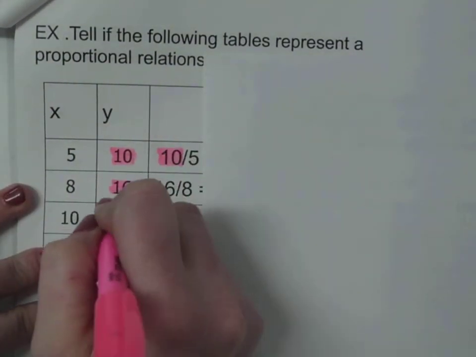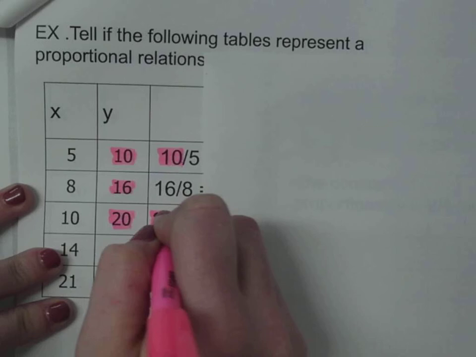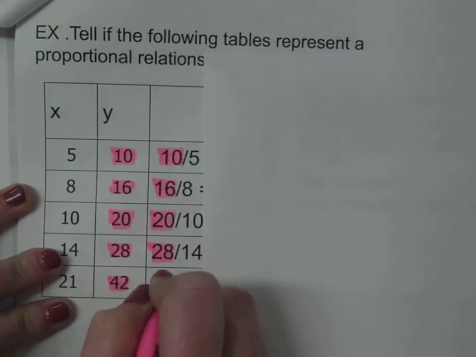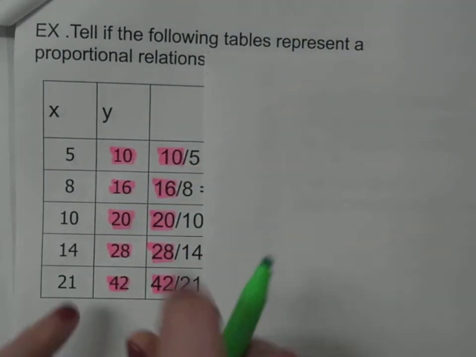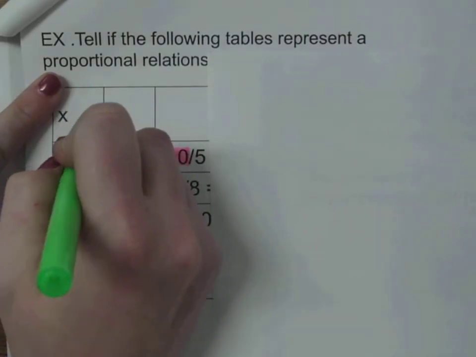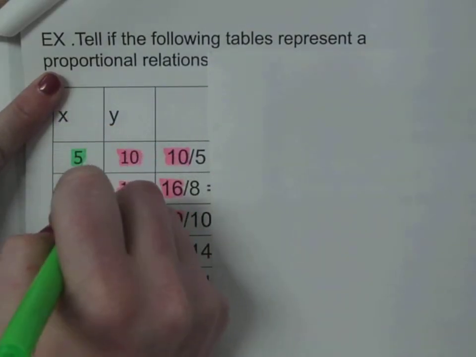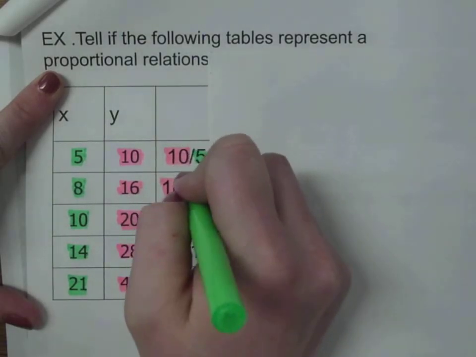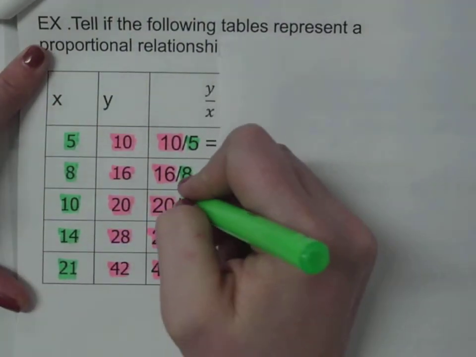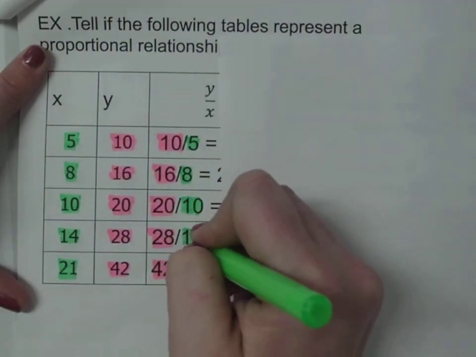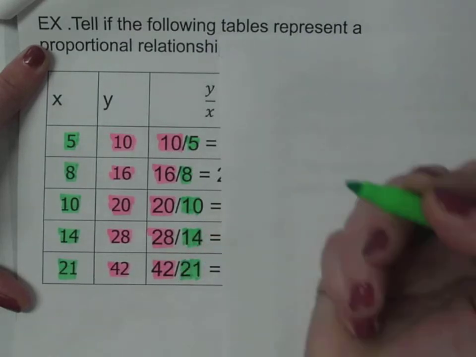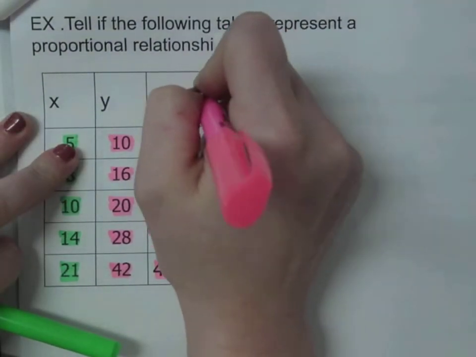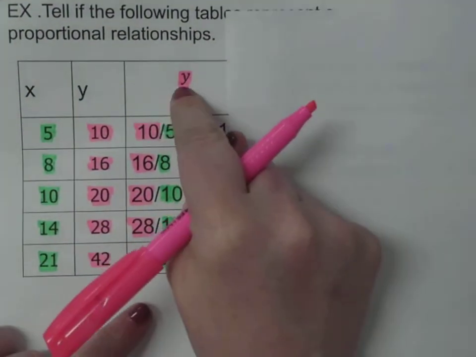Each time you're going to do y first, so notice it's all of the y values divided by the x values. So we took all of the y and divided by x.